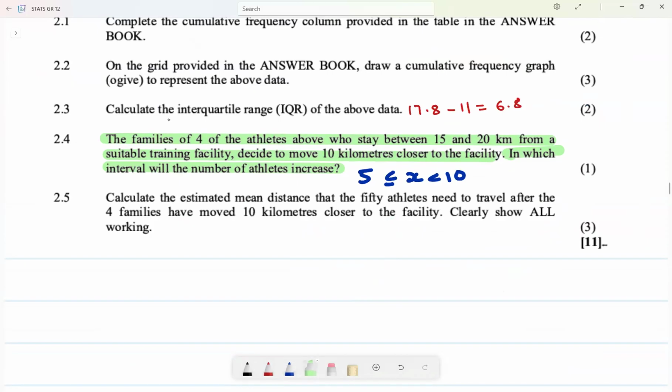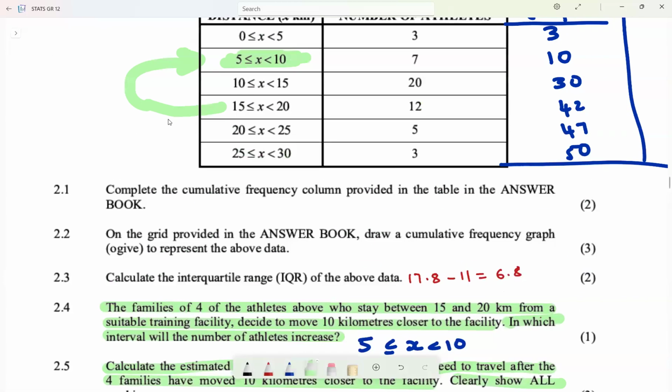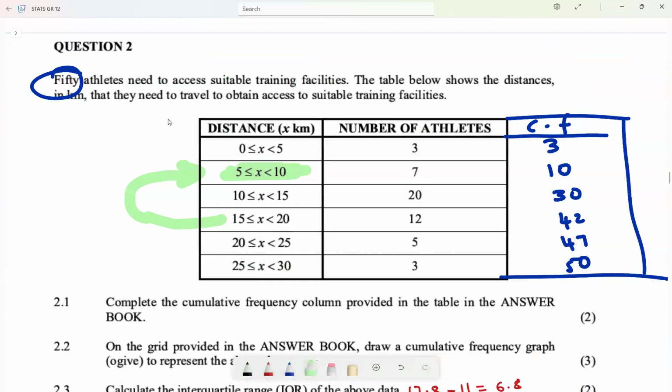They say now, calculate the estimated mean distance that the 50 athletes need to travel after 4 families have moved 10 kilometers closer to the facility. So the estimated mean, guys, we'll need our new frequencies.